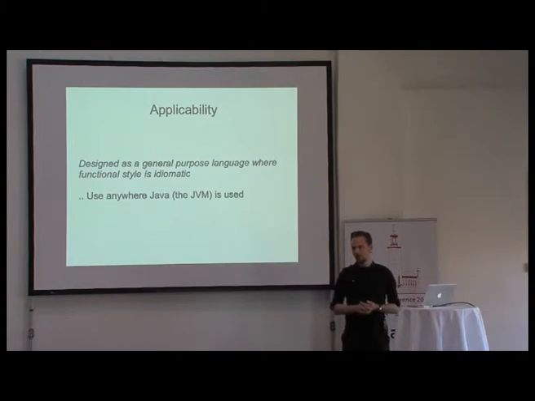It's intended to be used basically for any kind of programming problem. It's a general purpose language. So in theory, you can just use it instead of Java for any problem where you normally use Java, with some limitations in speed, like in most dynamic languages, although there are ways to get around that in Clojure as well.